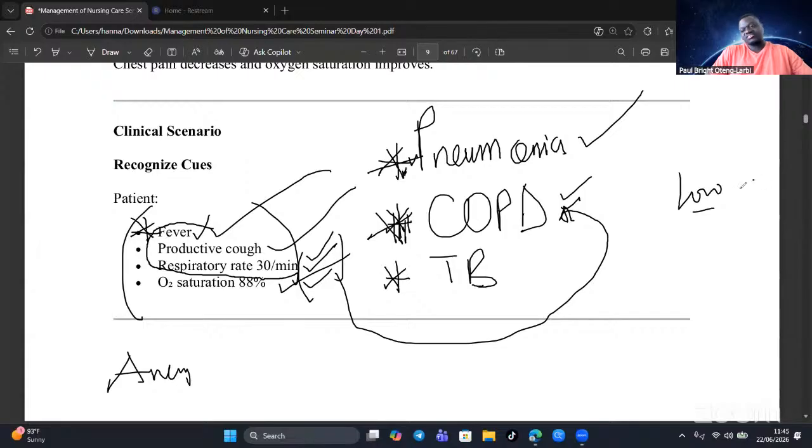So productive cough, COPD. Yes, they have. Do they have respiratory rate 30 over? Can they go to that level? COPD. Yes or no? Sharp, sharp.